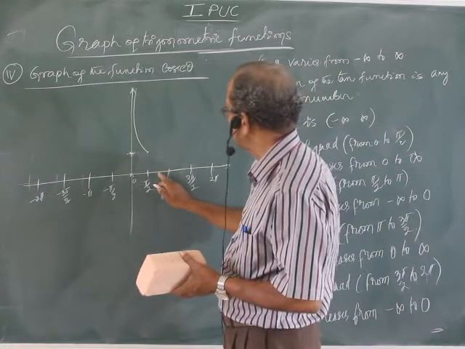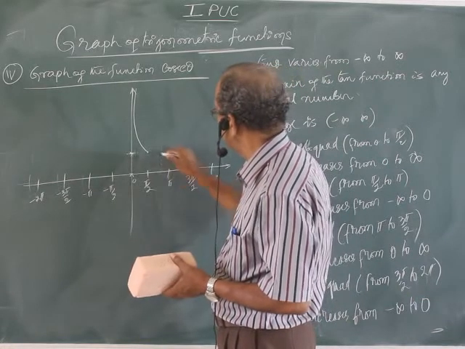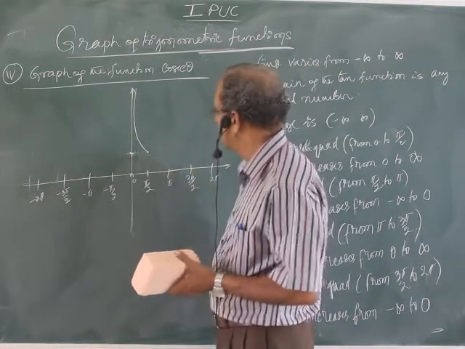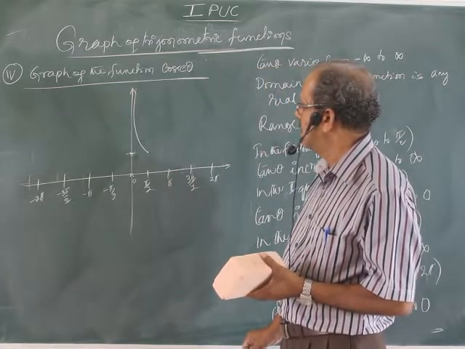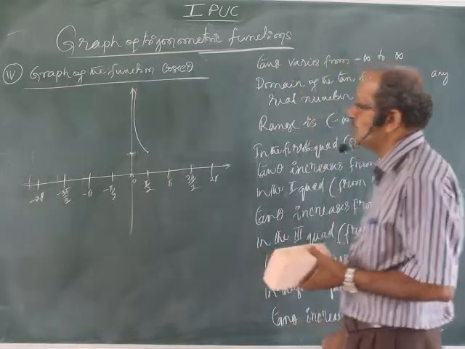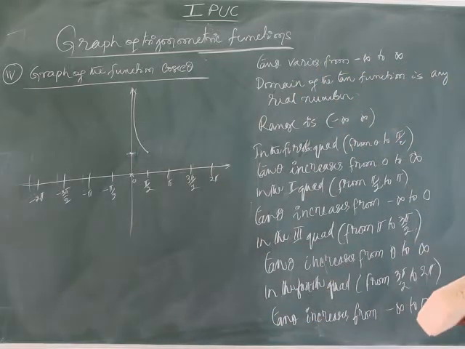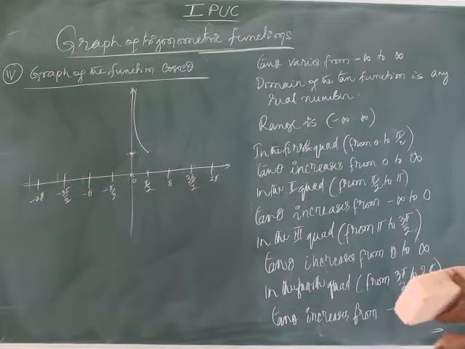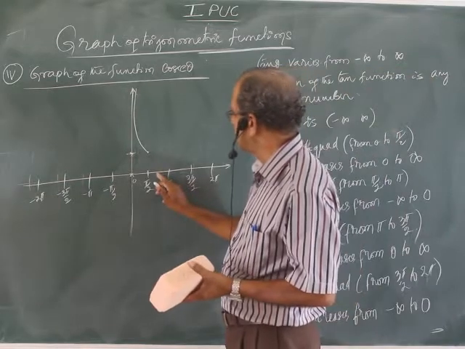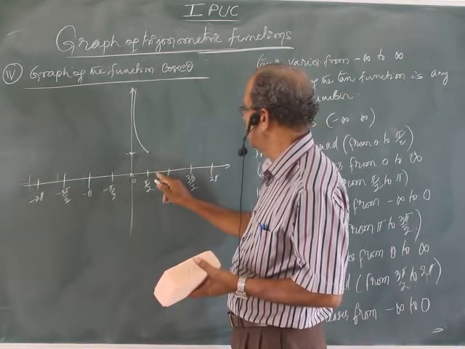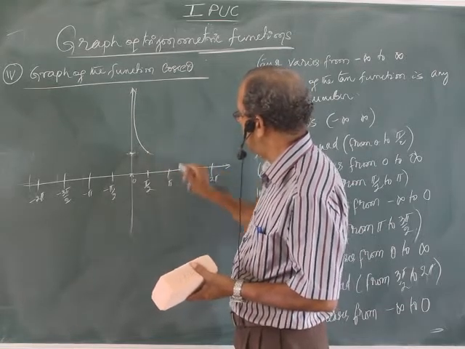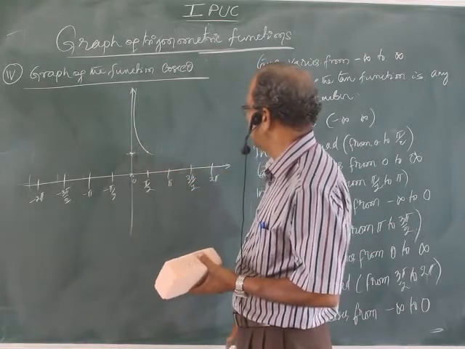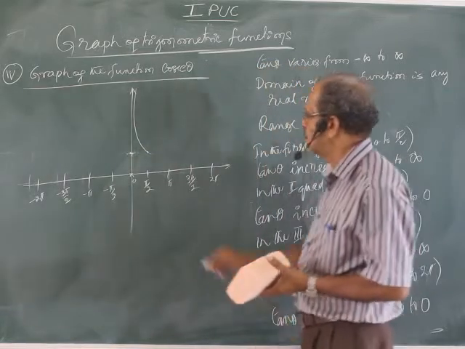Cosecant 135 is root 2, 1 point something. Cosecant 180, again not defined. Cosecant 0, infinity. Cosecant 90, 1. Cosecant 135, 1 point something. And cosecant 180, not defined.